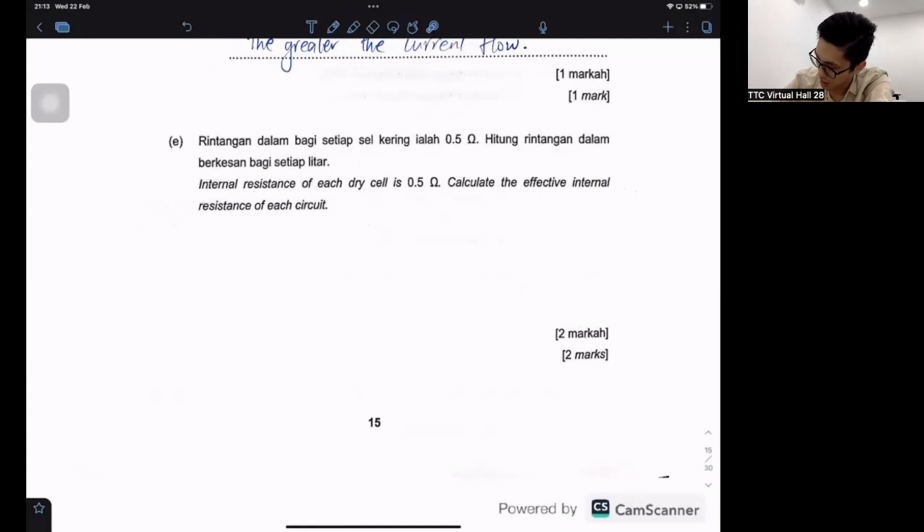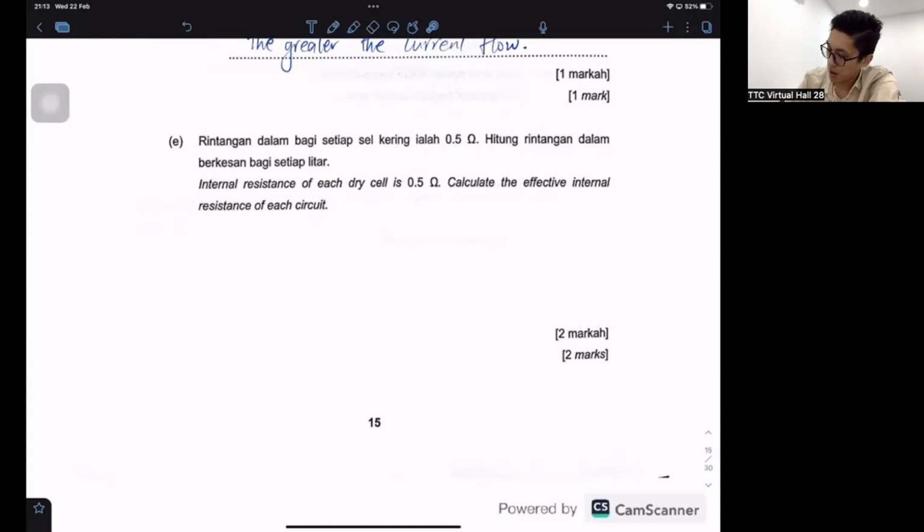Okay, so let's say diagram 6A first. In parallel, your formula is this: 1 over r. I use small letter because internal resistance is small r. 1 over r is equals to 1 over r1, which is 0.5, plus 1 over r2, which is 0.5. So this is equals to 2 over 0.5.